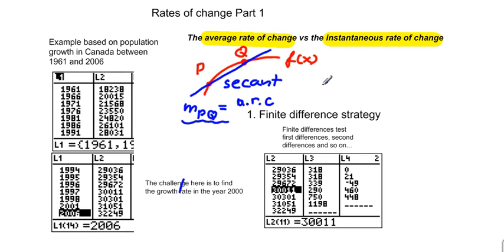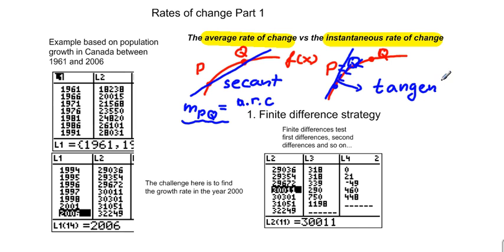Now, the instantaneous rate of change. Imagine we have the same curve like the one before, with P and Q, and now point Q is traveling very closely and eventually will collide with point P. So point Q is getting closer and closer to point P, and eventually P is equal to Q. Every time the secant will be adjusted a little, and then eventually when point P and Q become one same point, this line that makes contact with the curve is now called a tangent line.